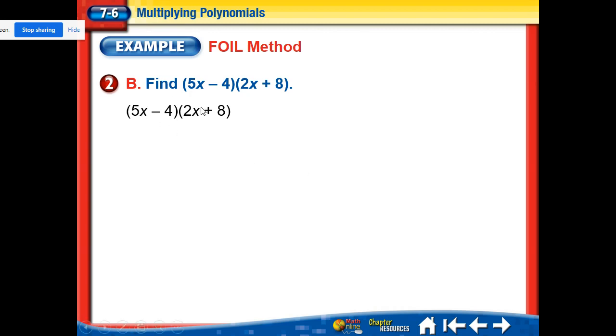we can go ahead and just to do it a different way, we're going to double distribute. So we're going to do the 5x times the 2x and 5x times the 8. And then negative 4 times the 2x and negative 4 times 8. Notice the word FOIL here. FOIL stands for first, outer, inner, last. So first are the first two. Outer is the 5x with the 8. Inner is negative 4 with the 2x.